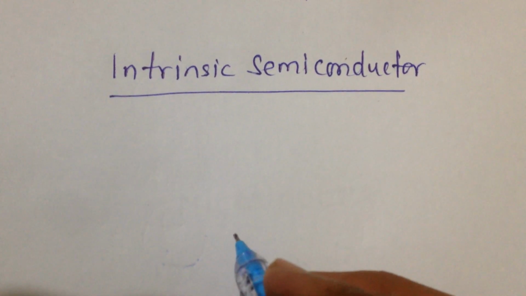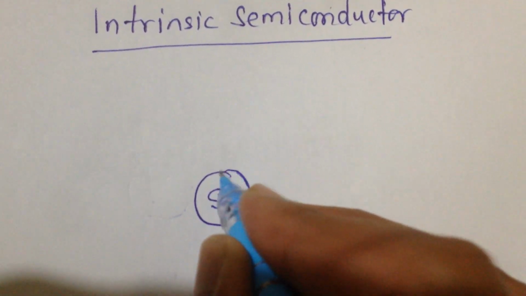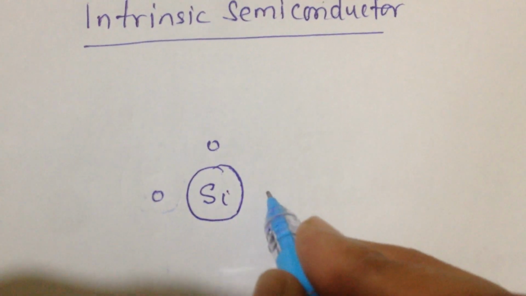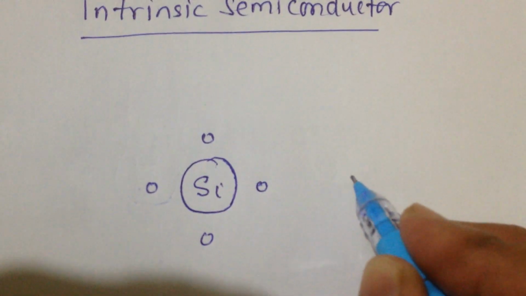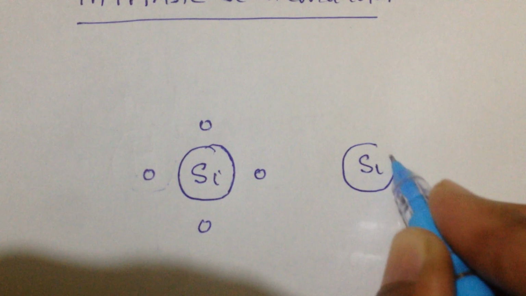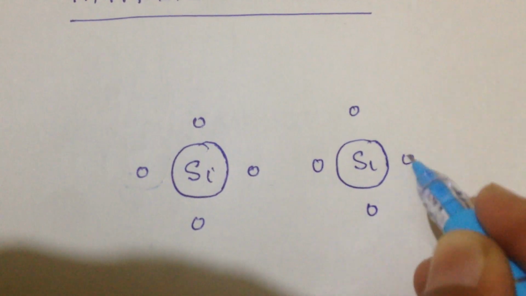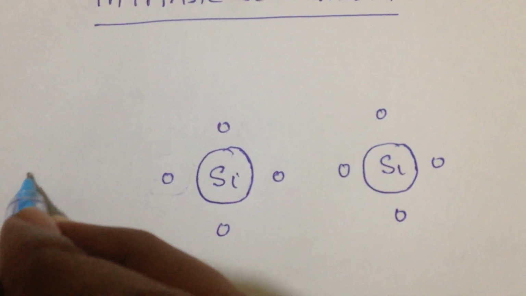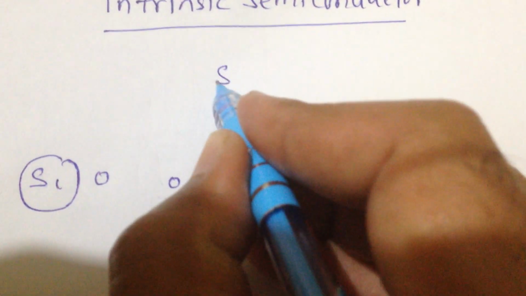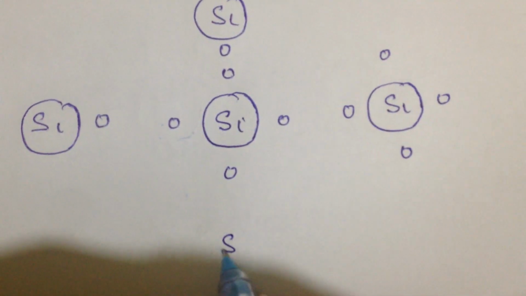Silicon has 4 electrons in its outermost orbit. These 4 electrons make covalent bonds with the electrons of the adjacent silicon atoms. In this way the octet is completed, and there is no free electron to carry the charge.